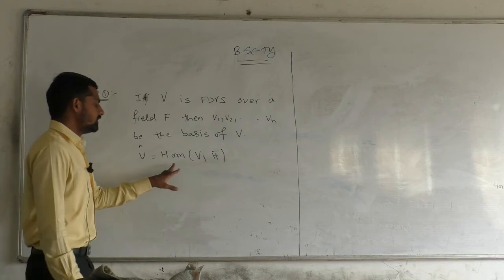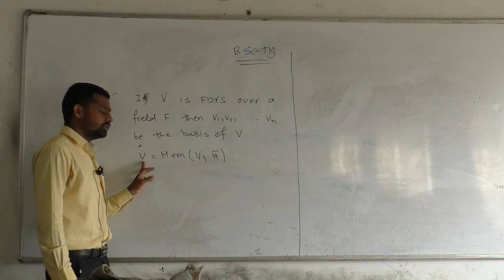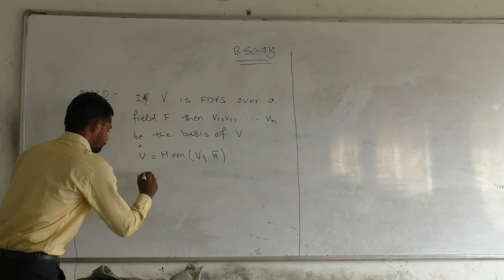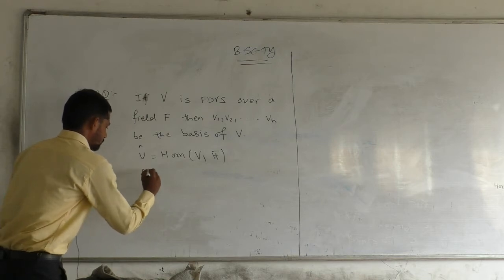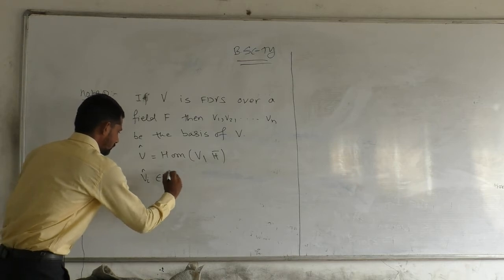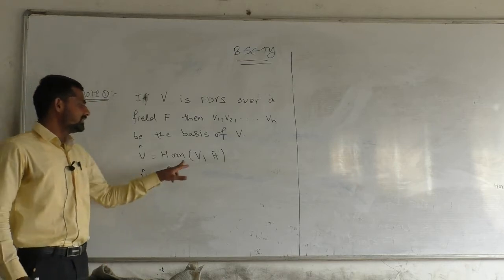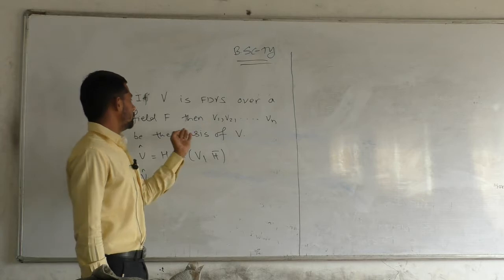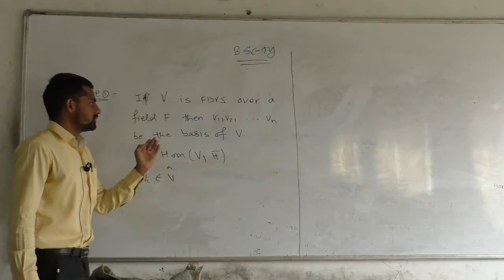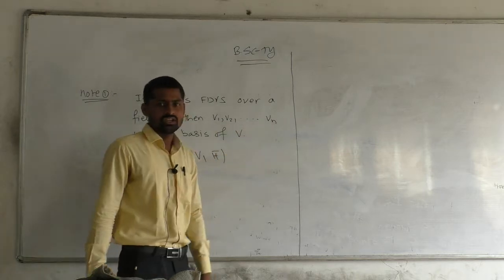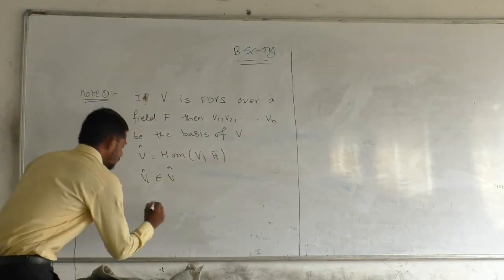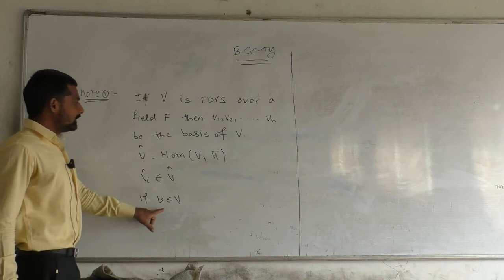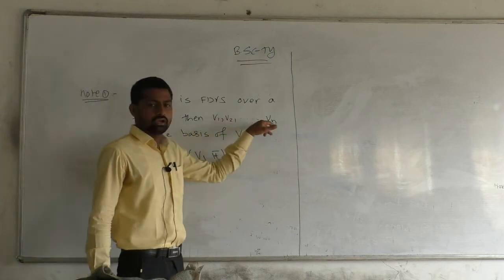That is, the set of all linear functionals from a vector space V to F, where V dual is the dual space of the vector space V. Now let vi dual belong to V dual, that is, vi dual is any linear functional on the vector space V. Now, if V is a finite dimensional vector space and v1, v2, ..., vn is a basis of V, then any element v of V can be written uniquely as a linear combination of these elements.